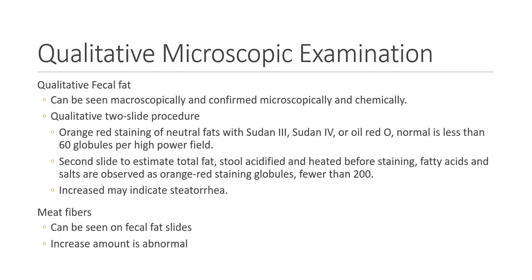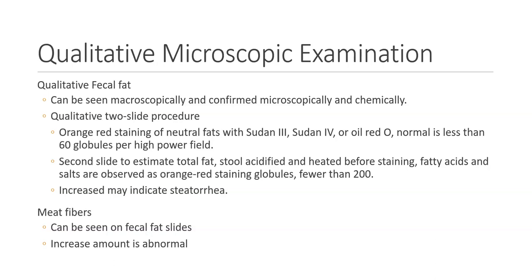Qualitative fecal fat, this can be seen macroscopically and then confirmed microscopically and chemically. In a qualitative test, there's a 2-slide procedure in which orange-red staining of neutral fats with either Sudan 3, Sudan 4, or oil red O is done, and a normal amount is less than 60 globules per high-powered field.